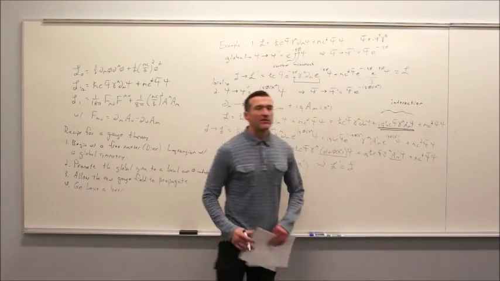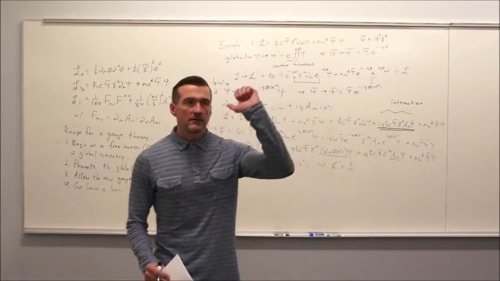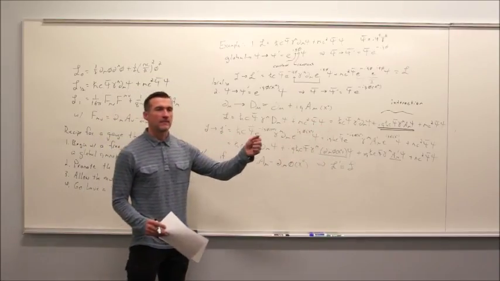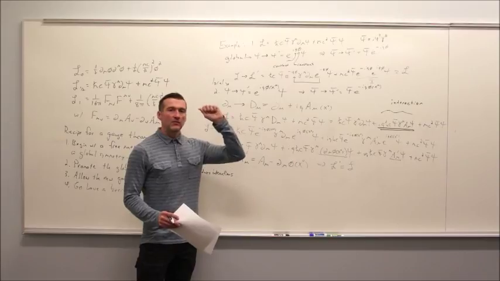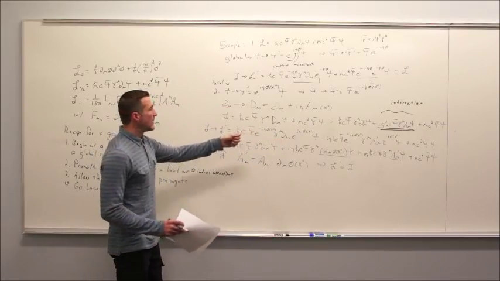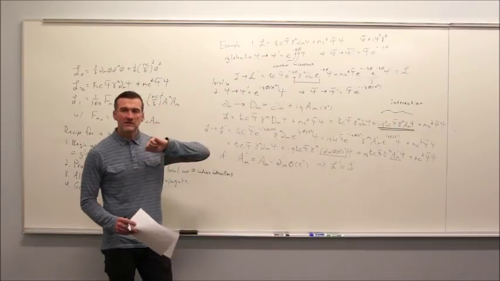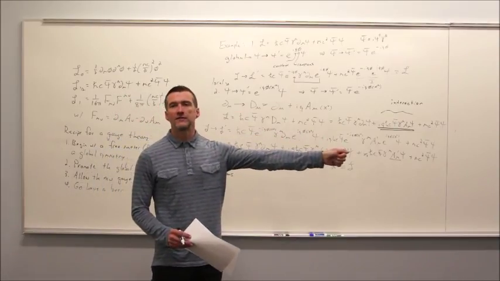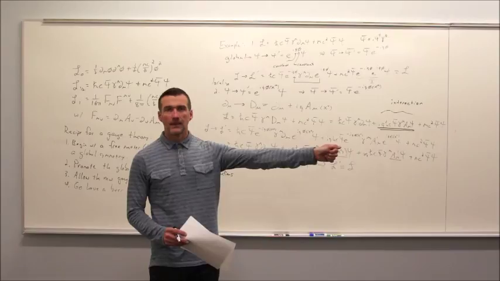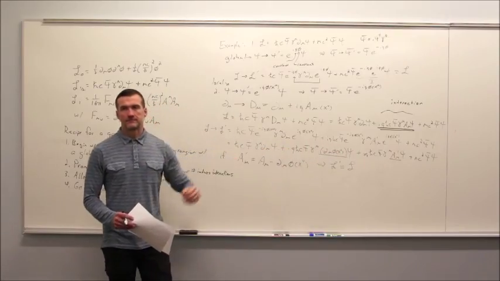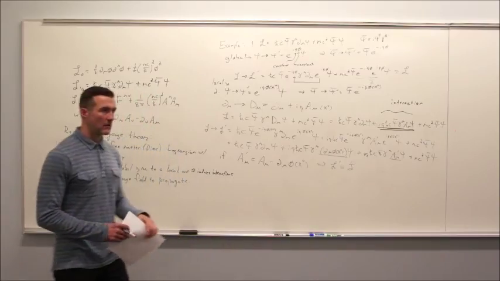So I started with non-interacting spin-a-half particles, the psi's and the psi bars. I started with a global symmetry. To make it a local symmetry, I was forced to not only introduce a new field A, but also an interaction between psi and A. Okay?